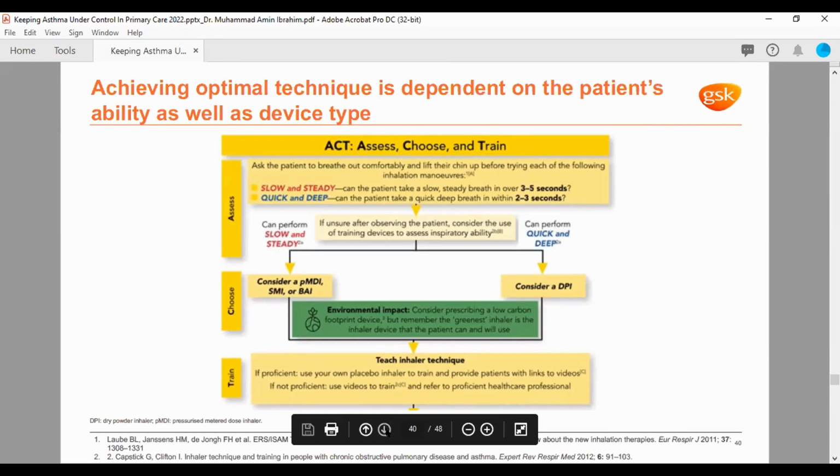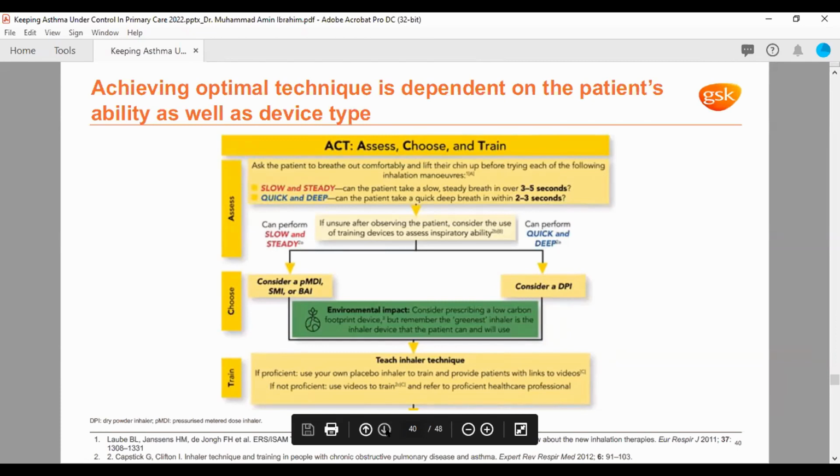So in terms of assessment, there are two types of inhalation technique. Number one is slow and steady, and patient should take slow, steady breath over 3 to 5 seconds. And the second technique is quick and deep inhalation. So patient should take quick deep breath within 2 to 3 seconds.